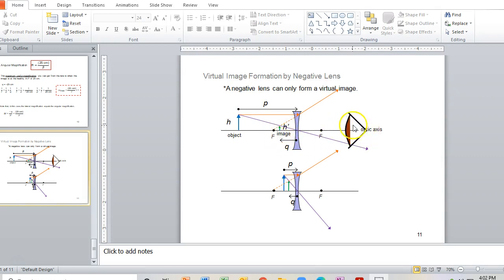So if the far point of this myopic eye is 2 meters, let's say, you can't see anything beyond 2 meters. When you're looking at something really far away, we want the image to be formed at your far point, so that every object that's closer will get its image formed closer than this image. Okay? So that's how we design our lens.